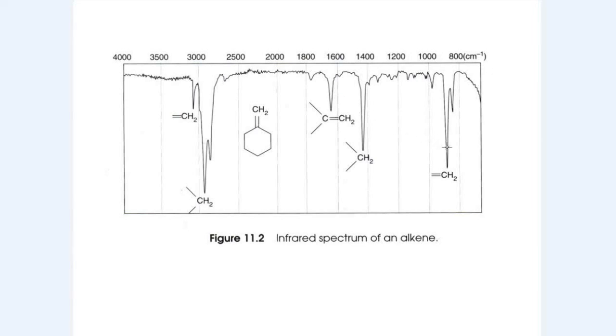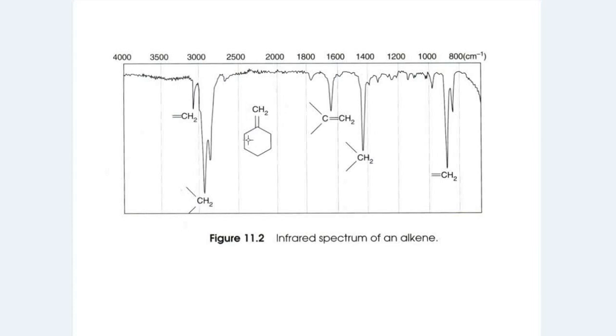Now, the peak at the far right is a bending peak associated with the HCH structure, namely at the double bond. Its frequency has a bearing on the structural type of the alkene.